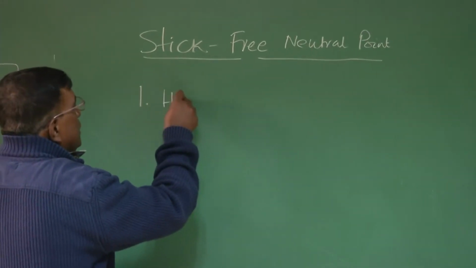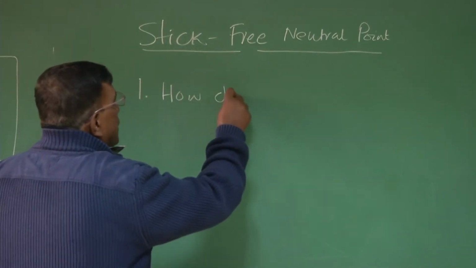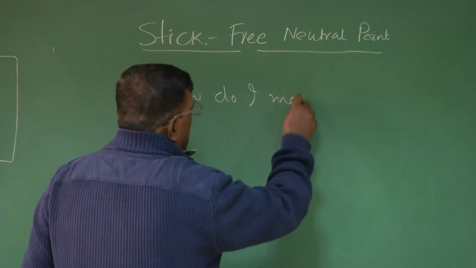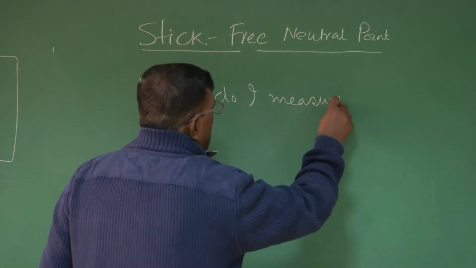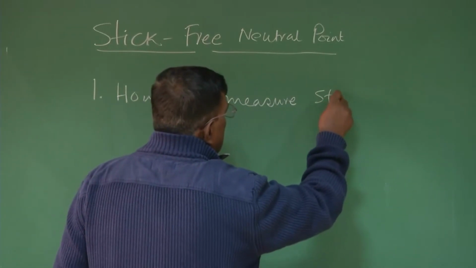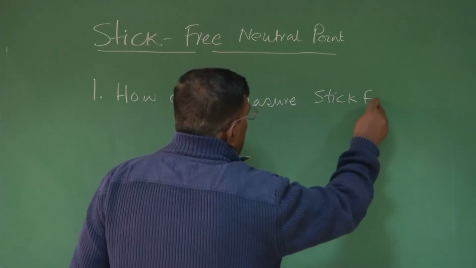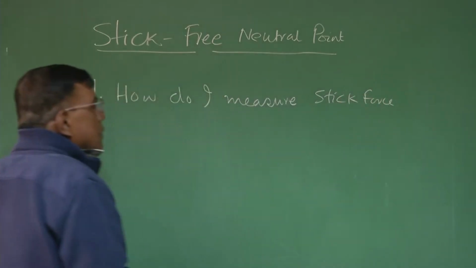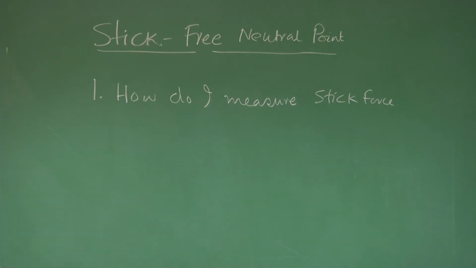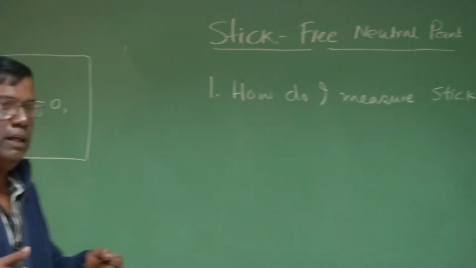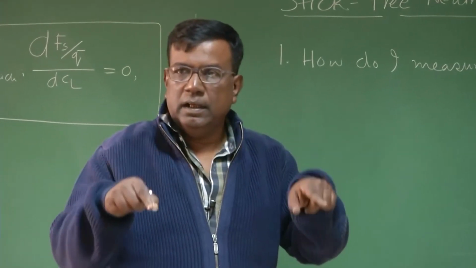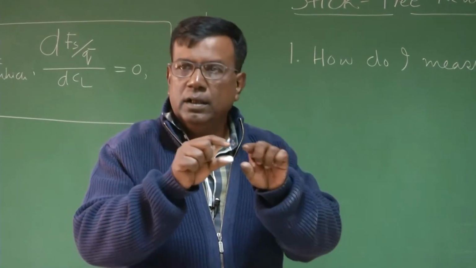First question comes, how do I measure stick force? This is basically based on strain gauges. You have the stick, let's say a stick like this. The strain gauges are on the stick.